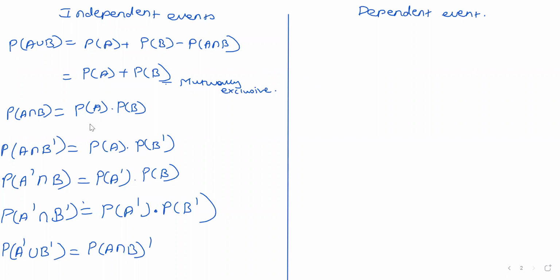But for the same formula here, it differs. For union, there is no difference in dependent and independent events, but we'll have only one formula because dependent events are never mutually exclusive.